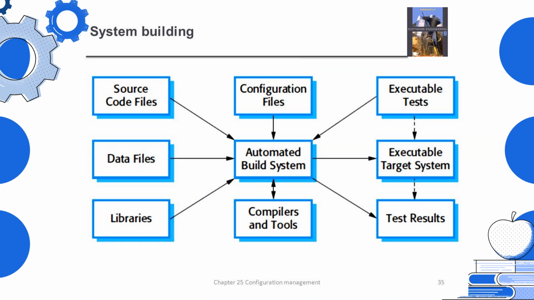System building involves assembling a large amount of information about the software and its operating environment. An automated build tool is always used in creating a system build. An automated build tool is a software application that simplifies the process of creating a system build by automating repetitive tasks such as compiling source code, running tests, and packaging the final executable.